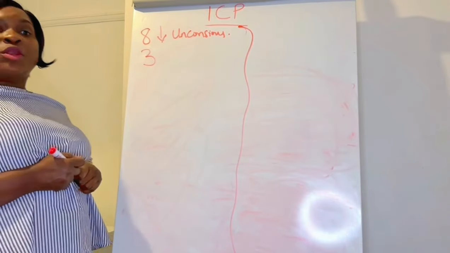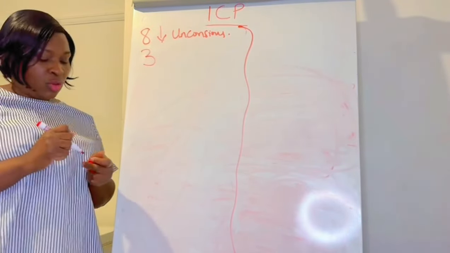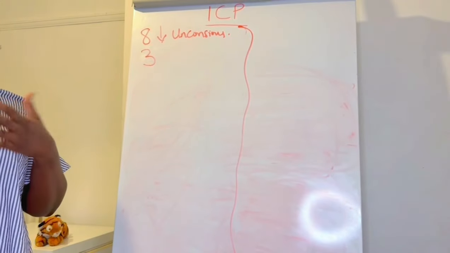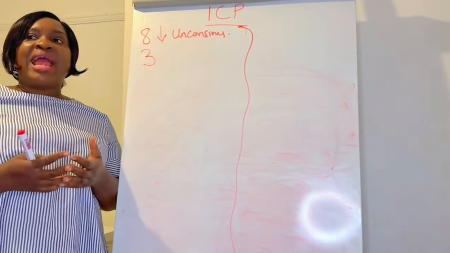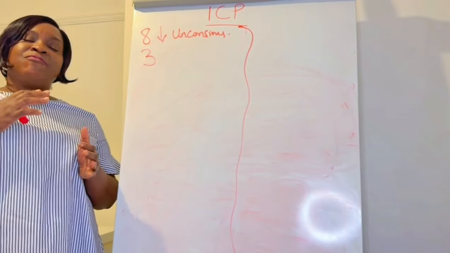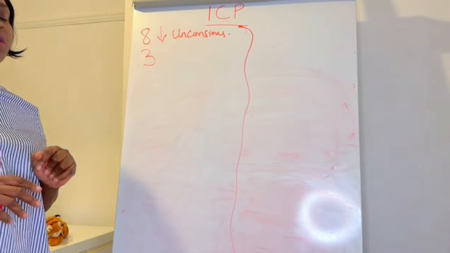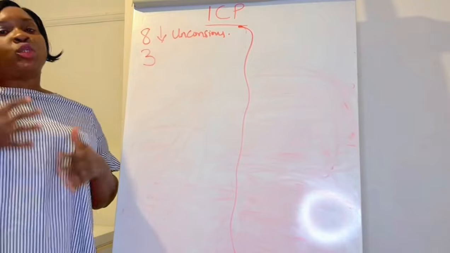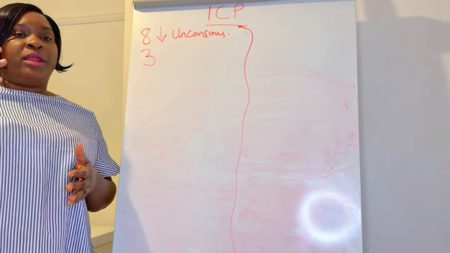All right. Then I will talk about our ventriculostomy. Very important. This ventriculostomy is a surgical procedure where a catheter is inserted in the lateral ventricle of the brain, and we do that because we just want to relieve the pressure in the brain.